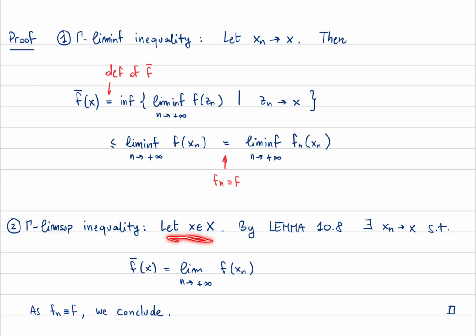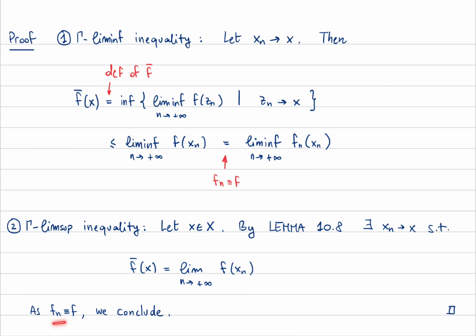So let x in X be arbitrary. By Lemma 10.8, we know that there exists a recovery sequence for the relaxation. So there exists some sequence converging to x such that the relaxation is just the limit as n goes to plus infinity of f of x_n.